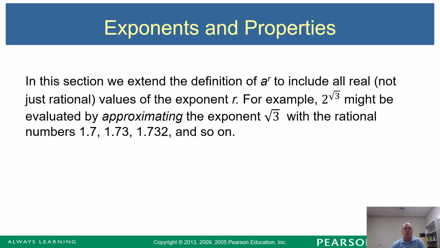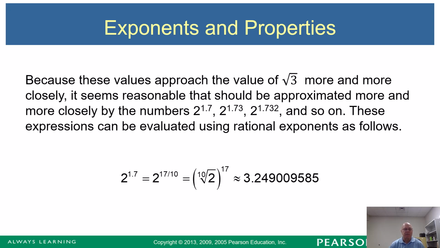And we're also going to include not just fractions, but any real number as a power of A. So it could be the square root of 3 even. A little bit strange, but we can still do it as long as your exponent is a real number.